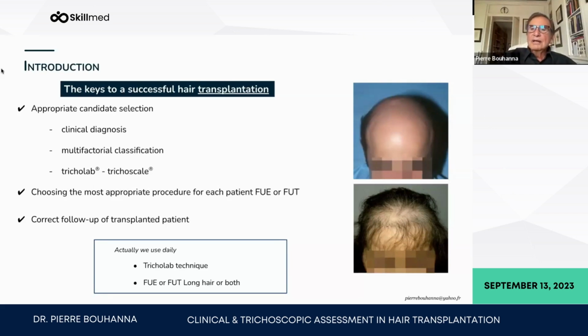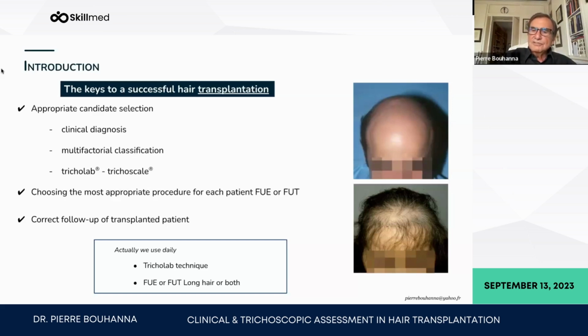But when they ask you to do a hair transplant, they need to know exactly what you will do for their baldness. And for that, I use the multifactorial classification I will develop for you later.